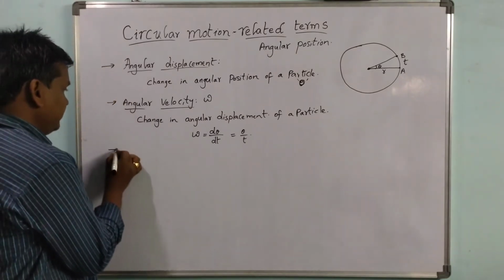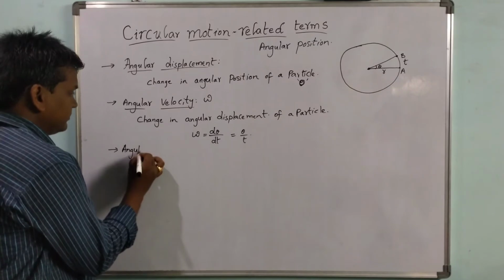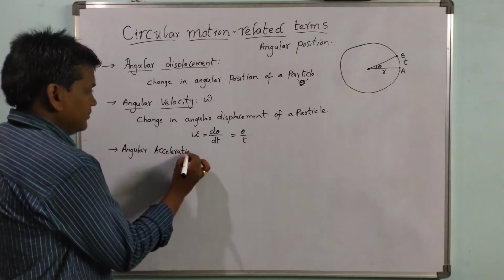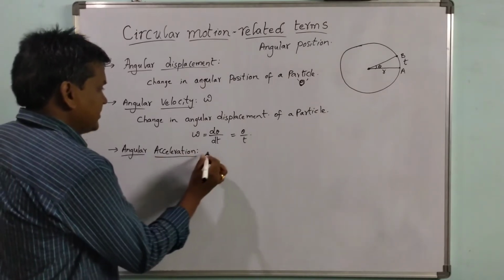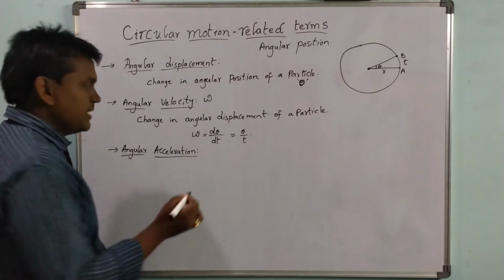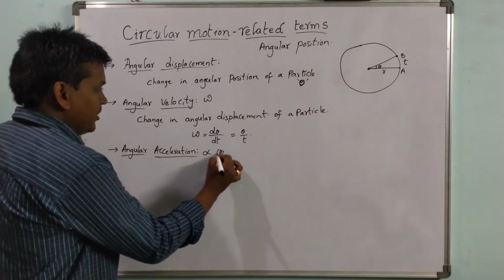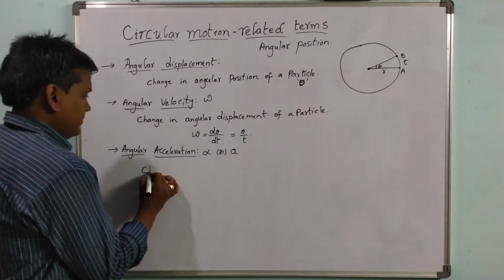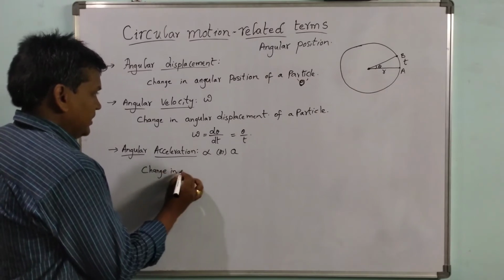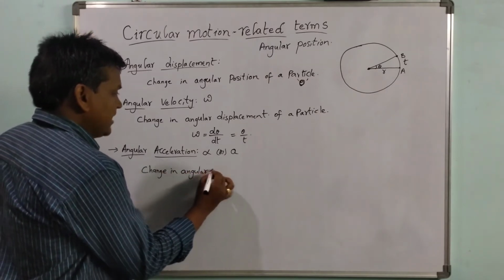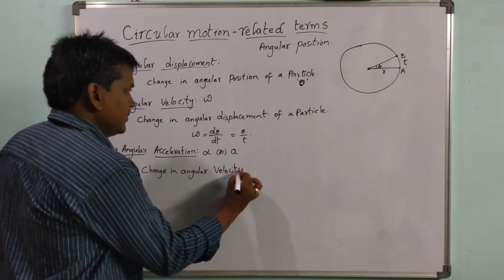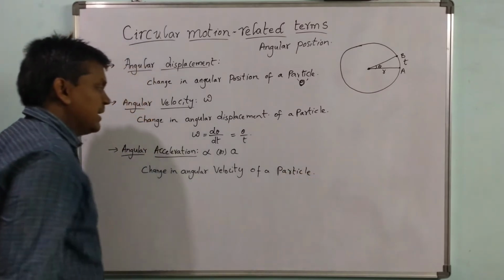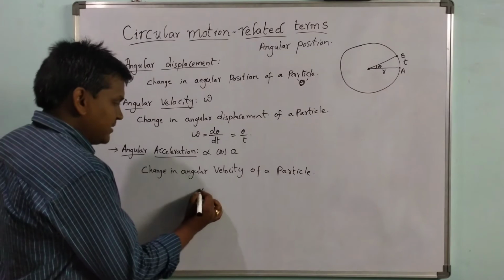Change in angular displacement per unit time is called angular velocity. And now if you consider angular acceleration, it is indicated with the letter alpha, or sometimes we may use A also. Change in angular velocity of a particle gives angular acceleration.